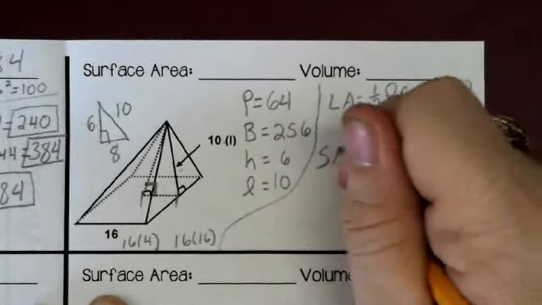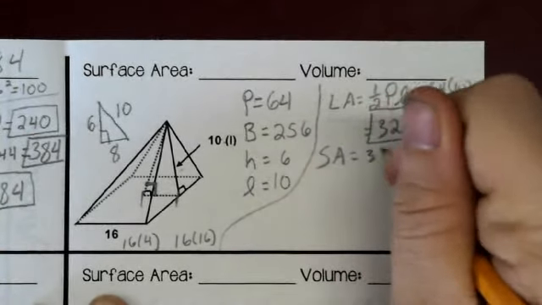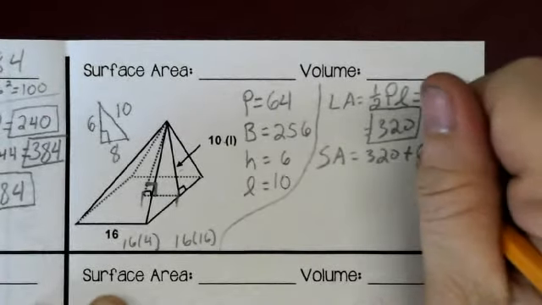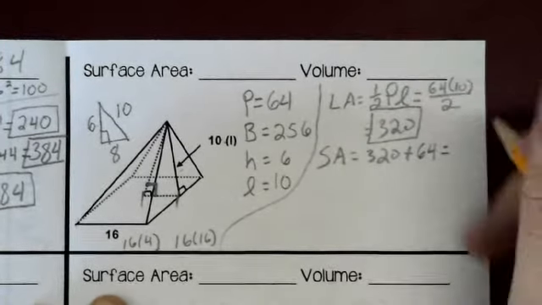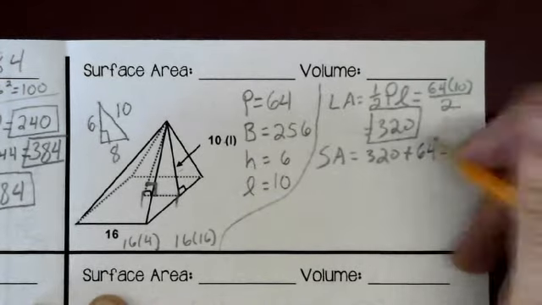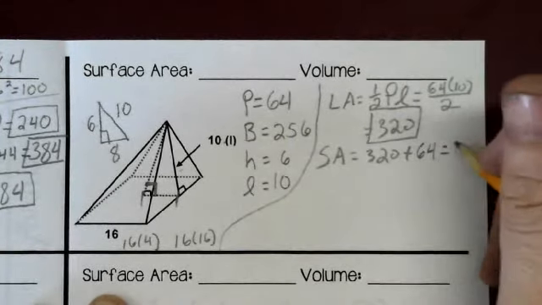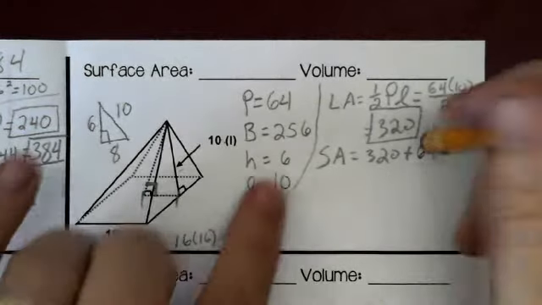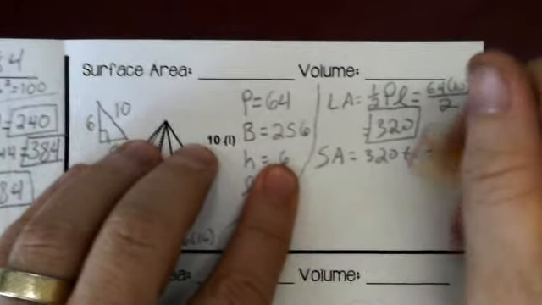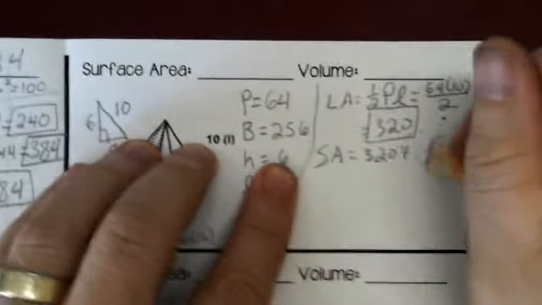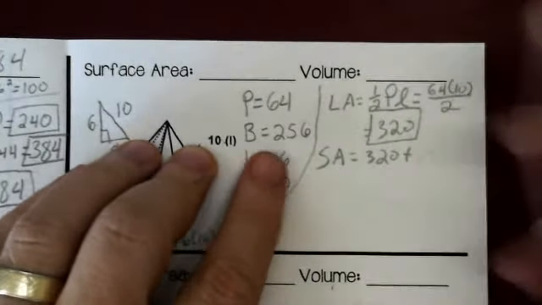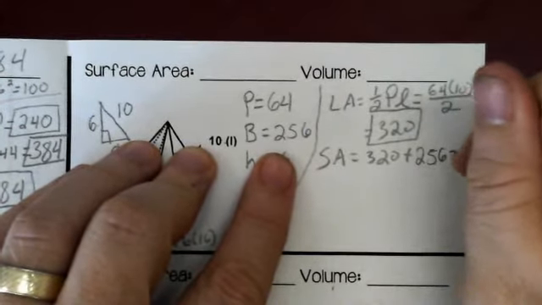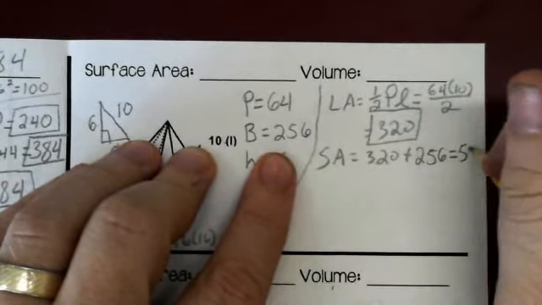The total surface area would be the 320 plus the area of my base. Sorry, not the 64, the 256, because I don't want my perimeter, I want the area of my base, the 256. Which gives me 576.